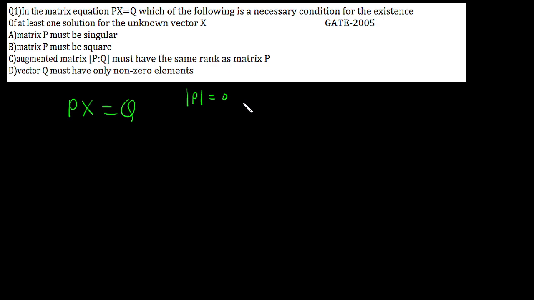But recall that I discussed in the previous video that if the determinant of a coefficient matrix is 0, then there are two possibilities. One possibility is that there is no solution for this system, and the second is that there may be infinite solutions. These are the two possibilities if the determinant is 0.